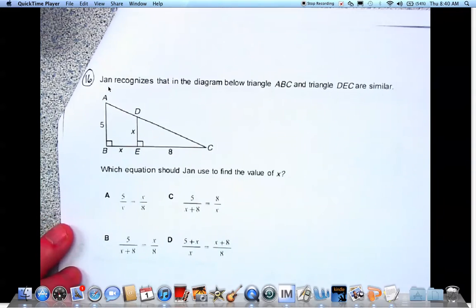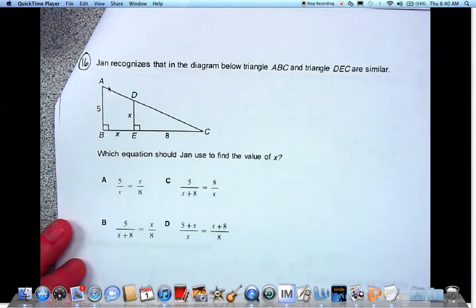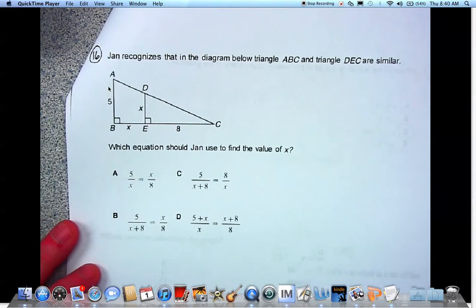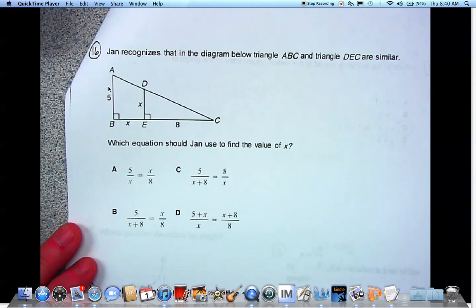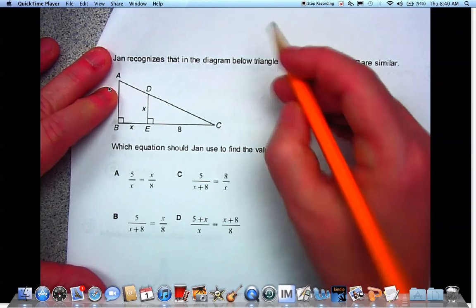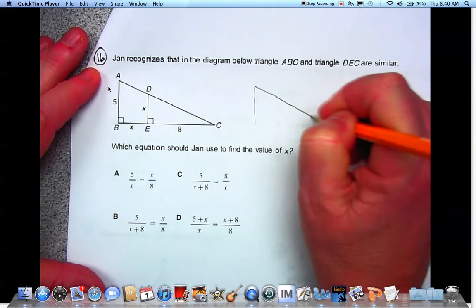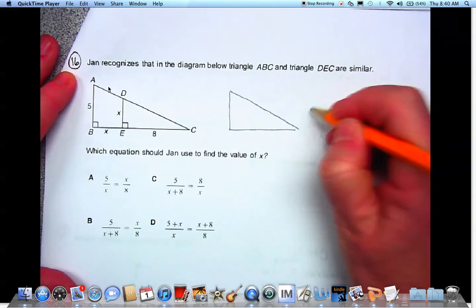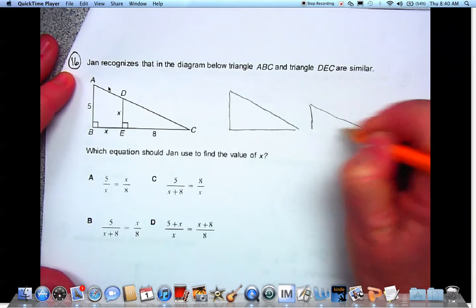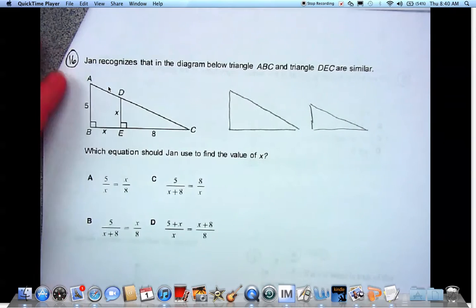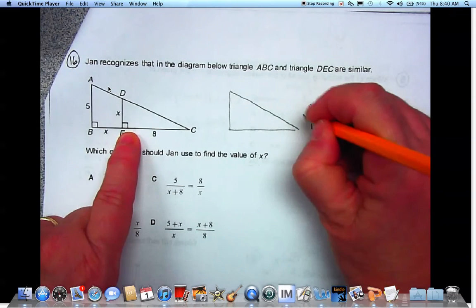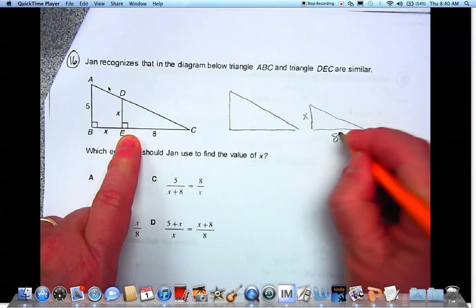Jan recognizes that in the diagram below, triangle ABC and triangle DEC are similar. Which equation should Jan use to find the value of x? So I'm going to separate these into two separate triangles. This little triangle has an x here and an 8 here.